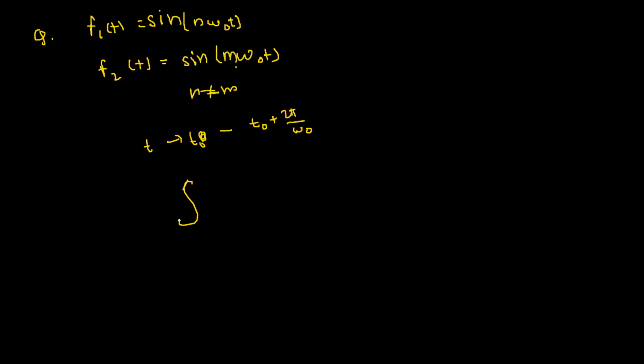So to check orthogonality, we integrate from t naught to t naught plus 2 pi by omega naught, and we have sine n omega naught t into sine m omega naught t.